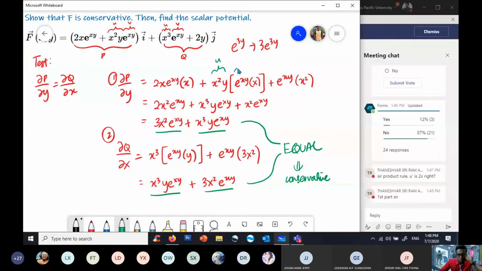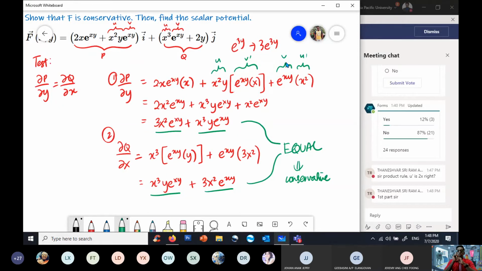This is my u v prime plus v u prime. So you are asking about u prime. Okay, wait a second, u v prime plus, did I do wrong? Oh, no.